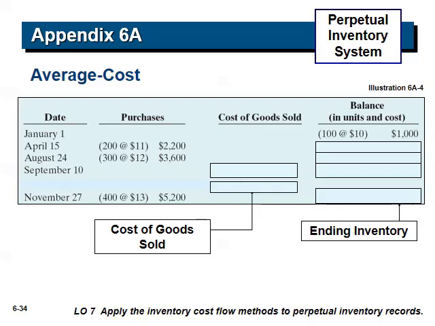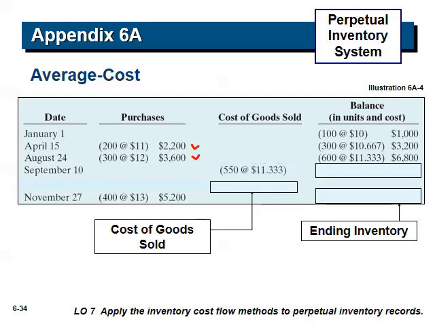Now your average cost is a little bit trickier. You have to redo the average every time. So we had the 100 at $10. April 15th we bought 200 at 11, and then we bought 300 at 12. And so what's on hand? What's on hand is the average cost. Now you're going to get the average between the first and the second one to get that amount available.